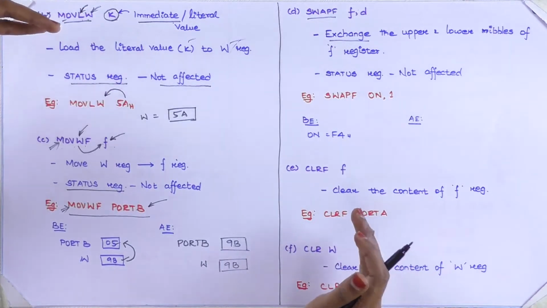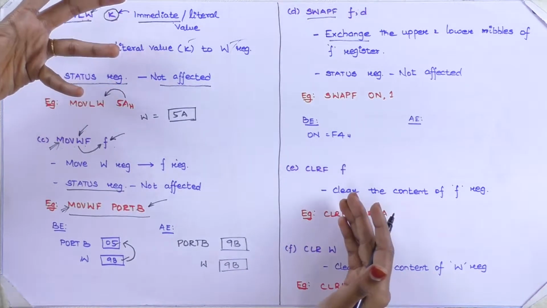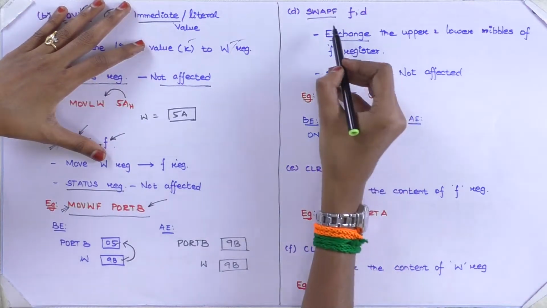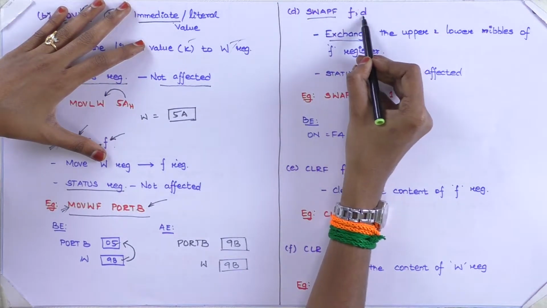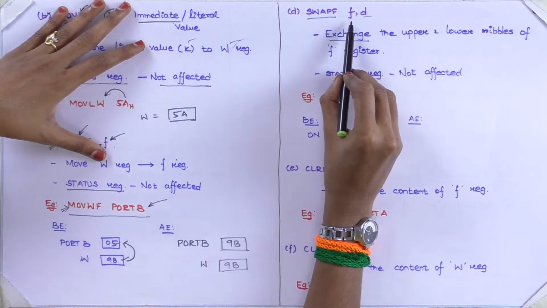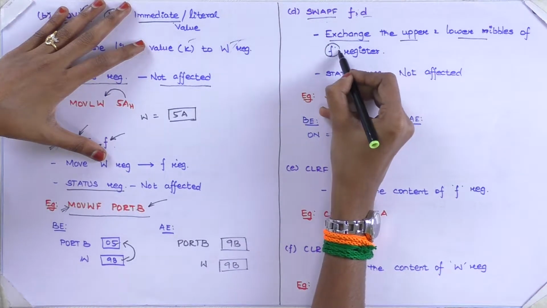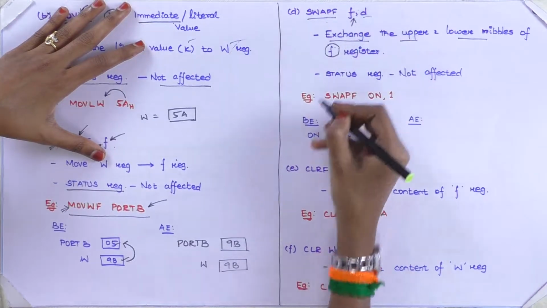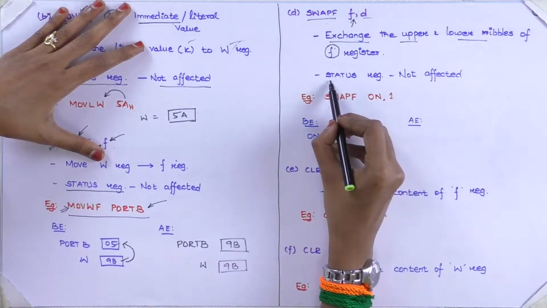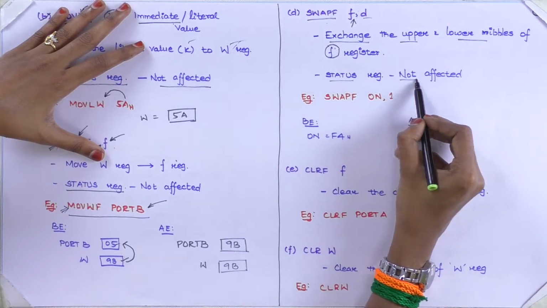Here this exchange instruction is called the swap instruction. So SWAPF F comma D. This instruction will swap the lower and higher nibbles of the particular F register mentioned in the instruction. This will not affect the status register.